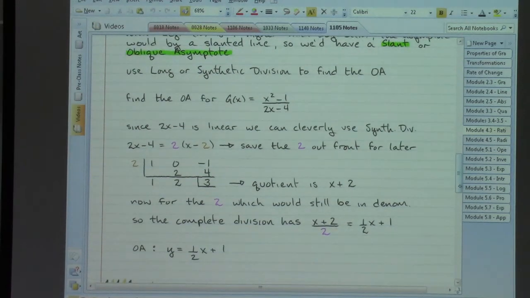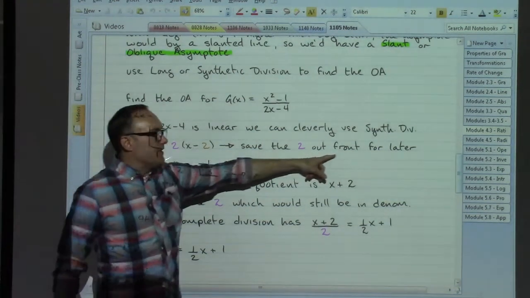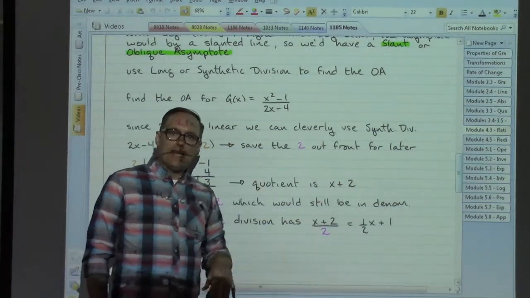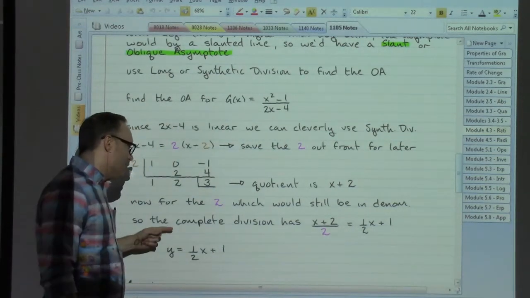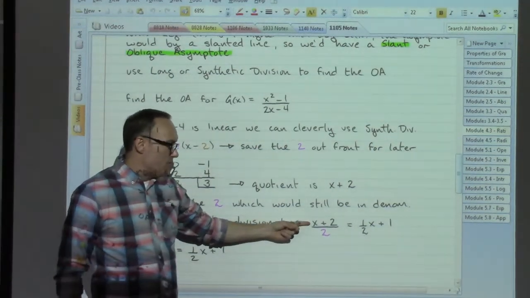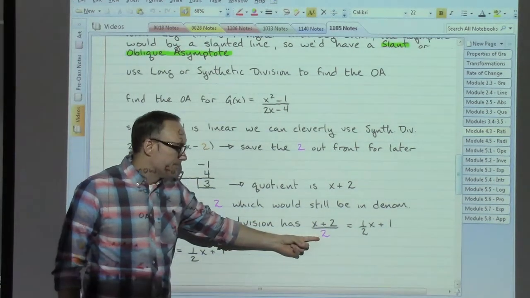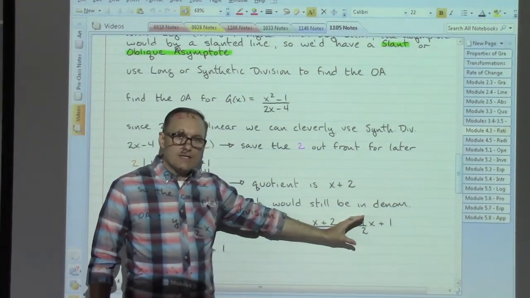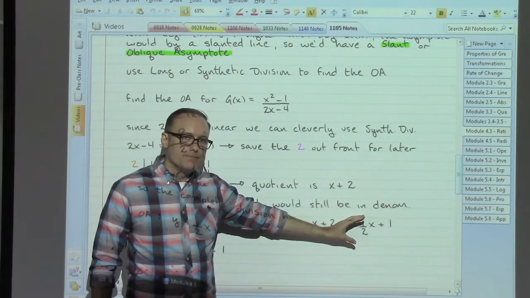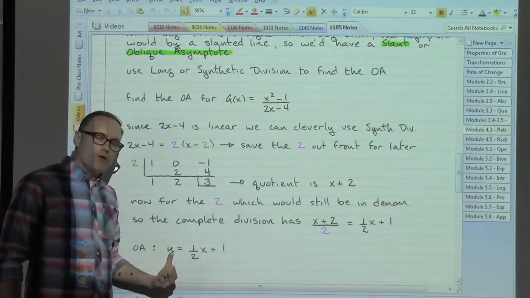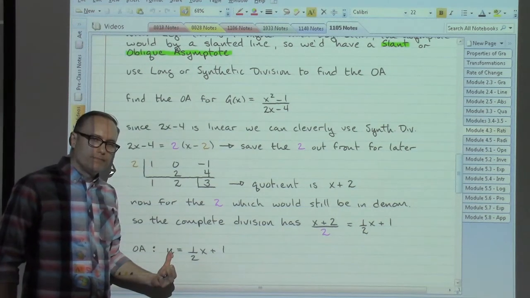But remember that there was also that 2 down in the denominator that we were saving for later. Now is the later where we've got to bring that back in. If that x plus 2 is the quotient and the 2 is still hanging out down on the bottom, then really what we're looking at is 1/2 x plus 1. Slap a y equals out in front, there's your oblique asymptote.